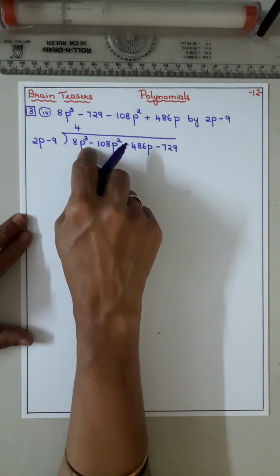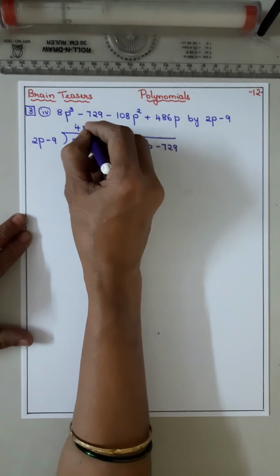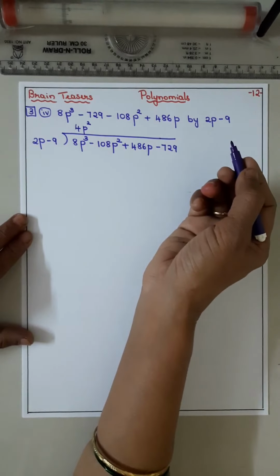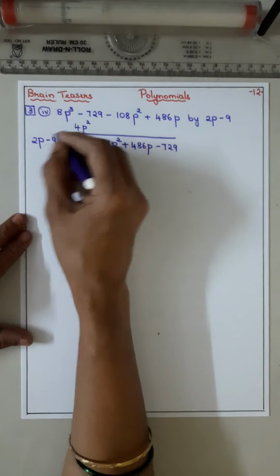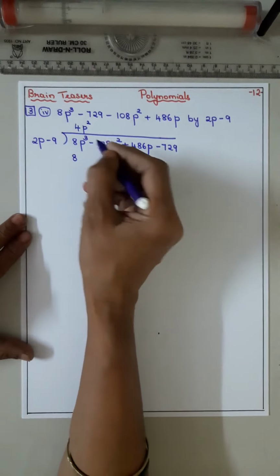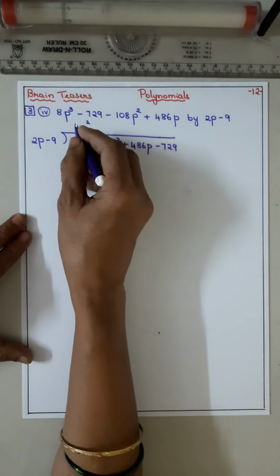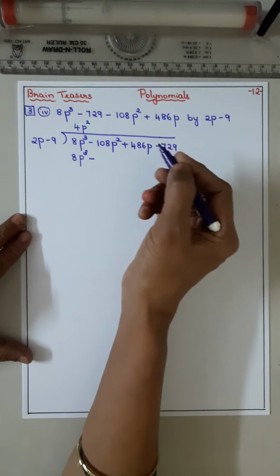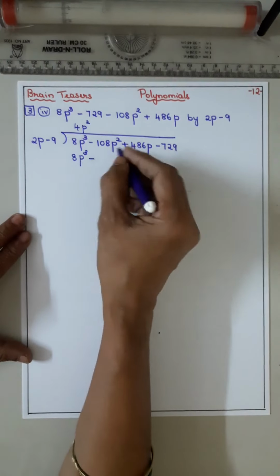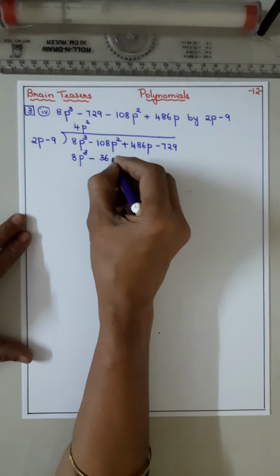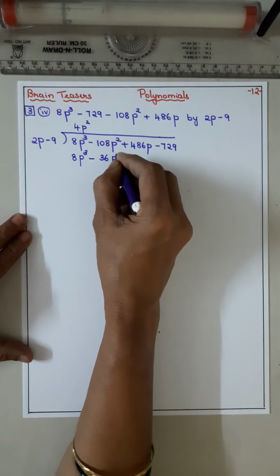P, how much times p cube? p squared. Now 4, 2 times 8, p squared times p is p cube, plus minus minus 4 nines are 36 p squared.